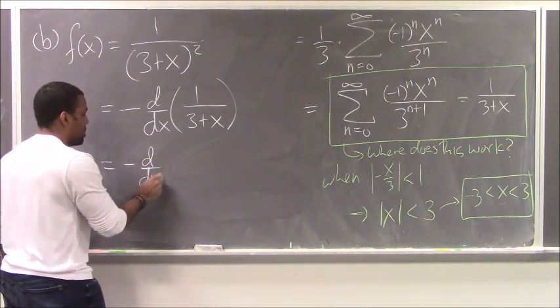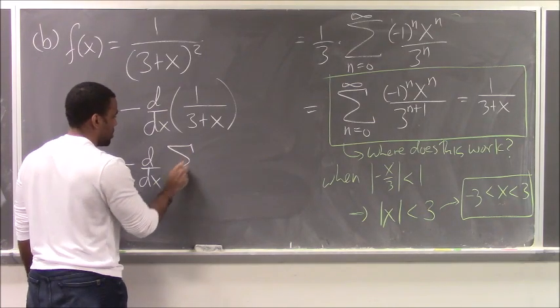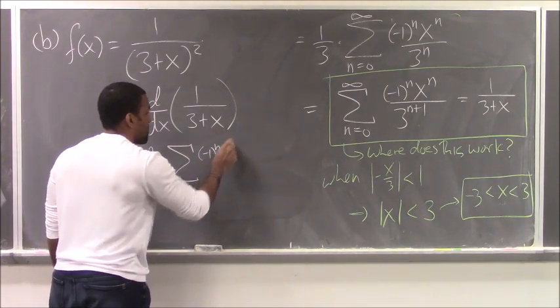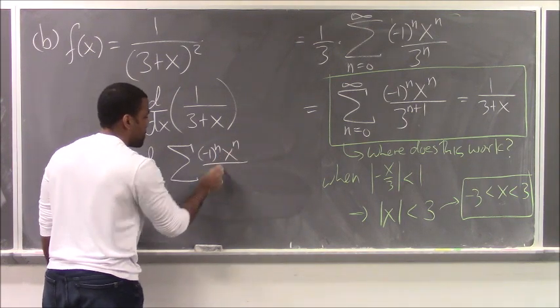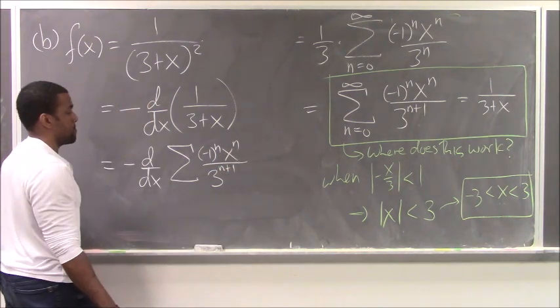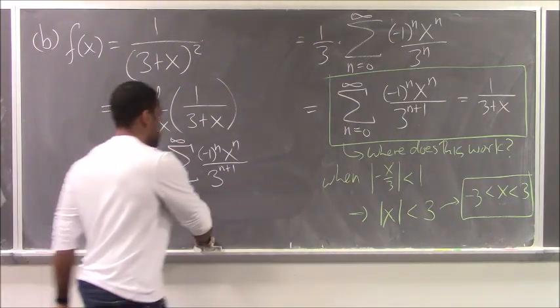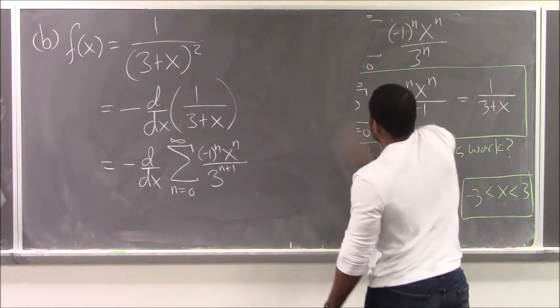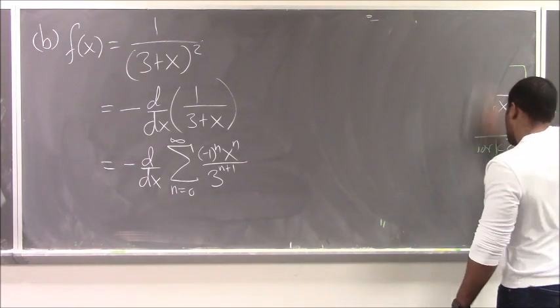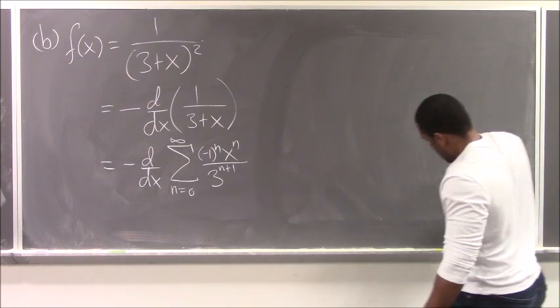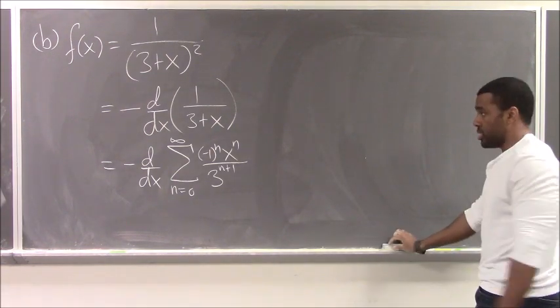So this is the negative derivative of that series. Okay, how do I differentiate this series?